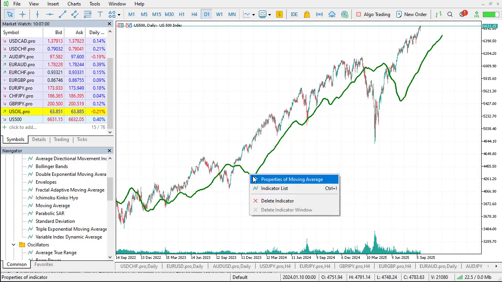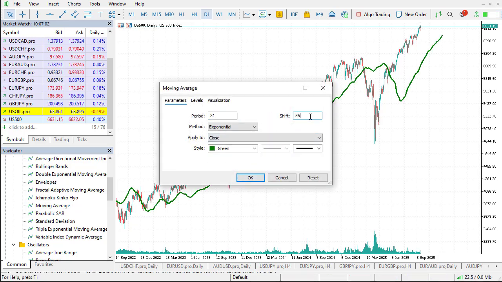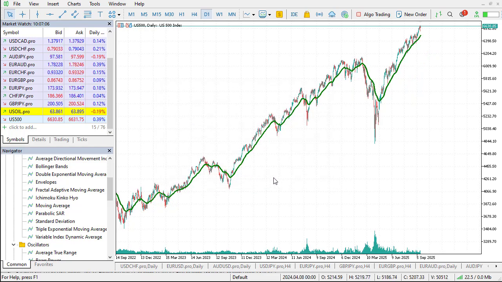We don't want this to shift, right. So this is the moving average. Can you see how closely it captures the trend and how closely it follows price? This is beautiful, especially in a market that has a strong trend.